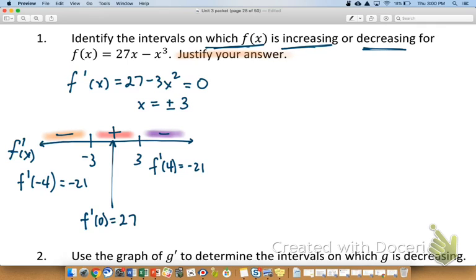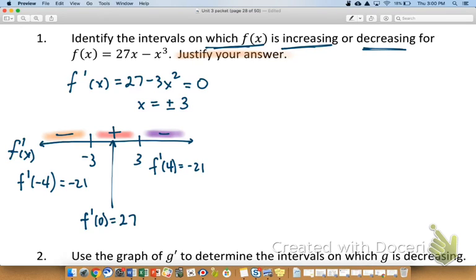I want to let you know, a sign chart like this is not justification. I want you to think of justification almost like how a lawyer would try to prove that someone is not guilty or someone is guilty. We want to directly and precisely state what we're saying.